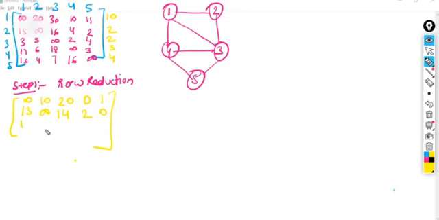Next, 1, 3, infinity, 0, 2. Next, what will be there? 19 minus 3, 16, 6 minus 3, 3, 15, infinity, 0 is there, right? Next, what we have? 16 minus 4, 12, 0, 3, 12, and again infinity, right?